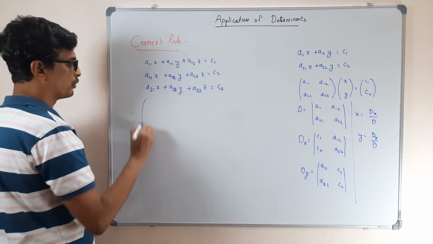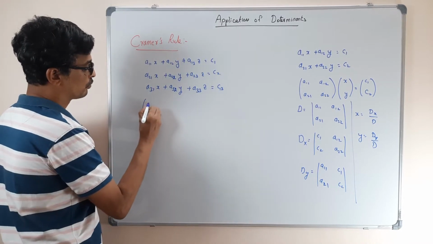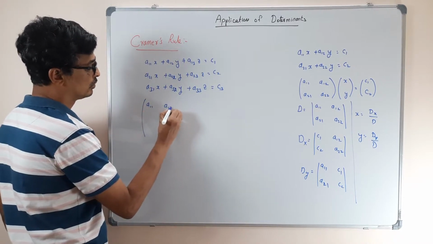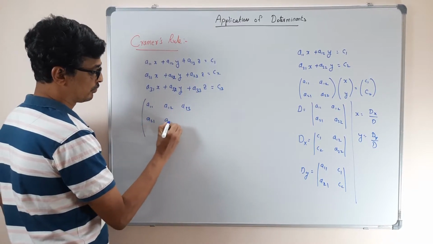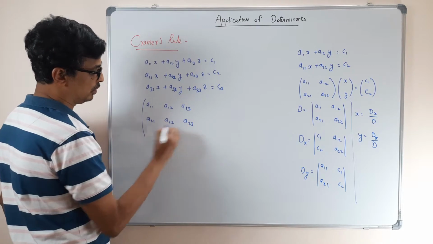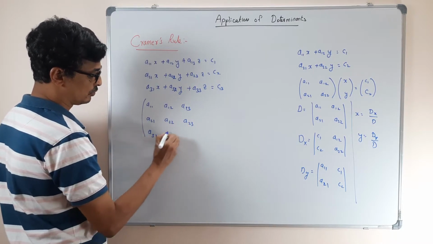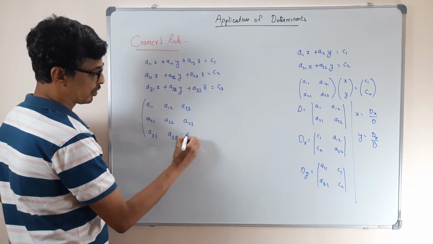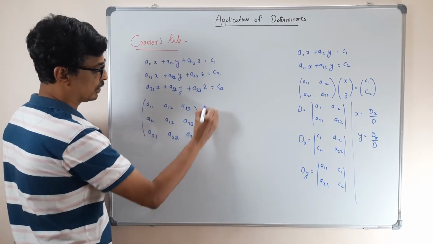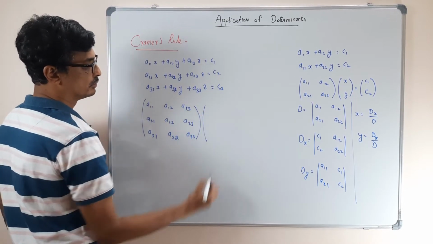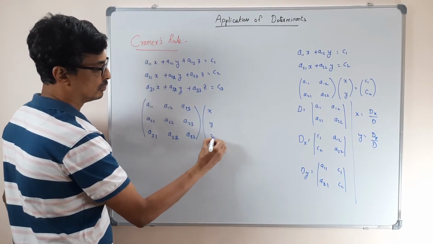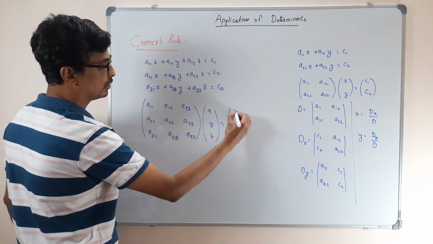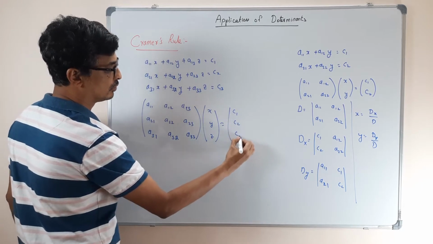So what will be the matrix equation? This will be A11, A12, A13, A21, A22, A23, A31, A32, A33, times X, Y, Z, equal to C1, C2, C3.